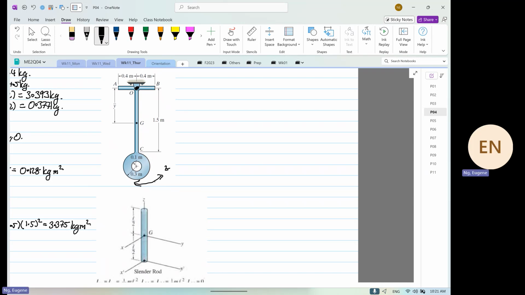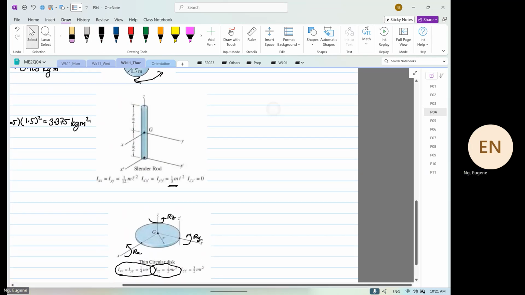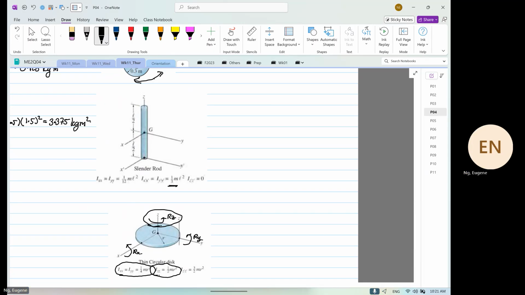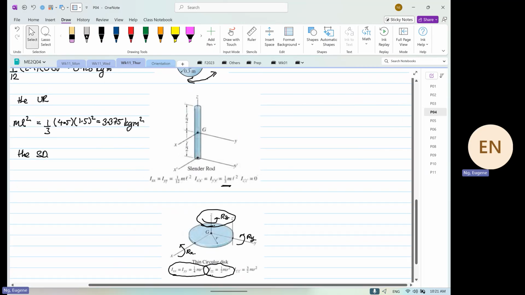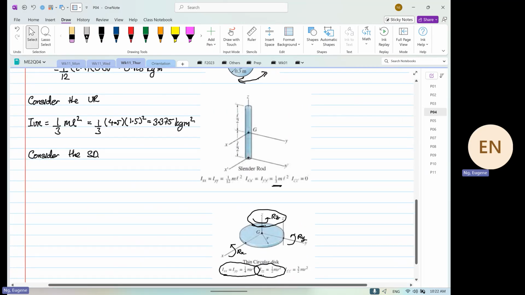If you look at the curvature from here, it's equivalent to Rz, yes or no? That is why you use IZZ. You will see the same problem in your 2P04 when Dr. Koshi teaches you about bending moment. Exactly the same. Are we clear? So we have to use IZZ.